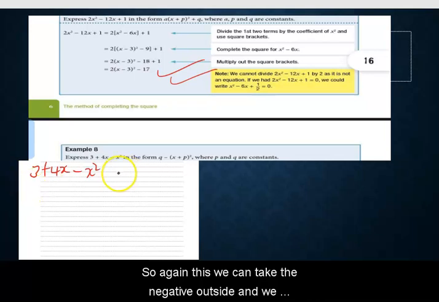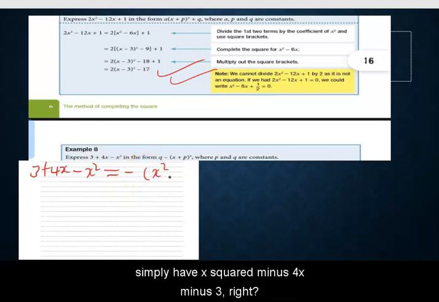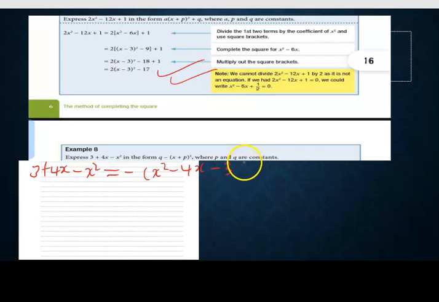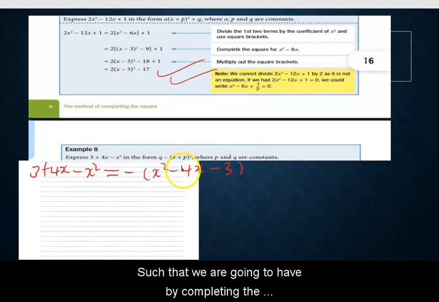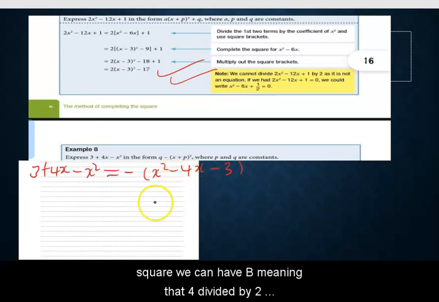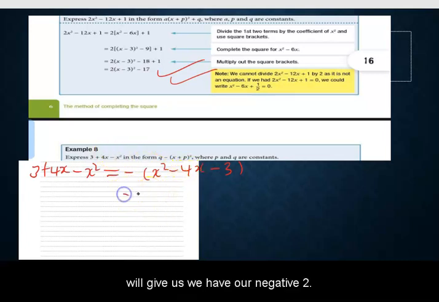So again, we can take the negative outside and we simply have x squared minus 4x minus 3. Such that by completing the square, we can have b, meaning that 4 divided by 2 will give us our negative 2, so we have x minus 2 squared.